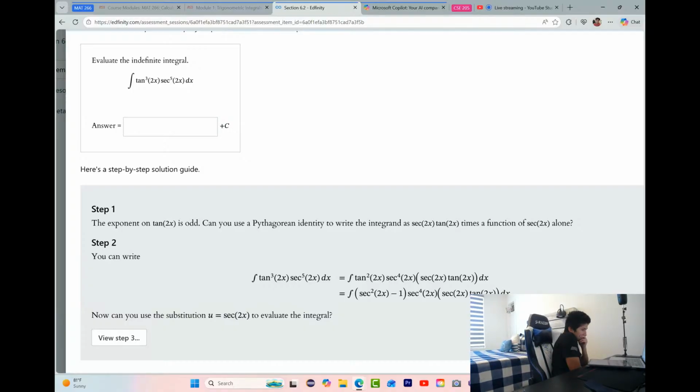So, okay. Oh, okay. We were close though. We were close. But no, we don't do that. What we want to do, and it appears so that the tangent squared of x.